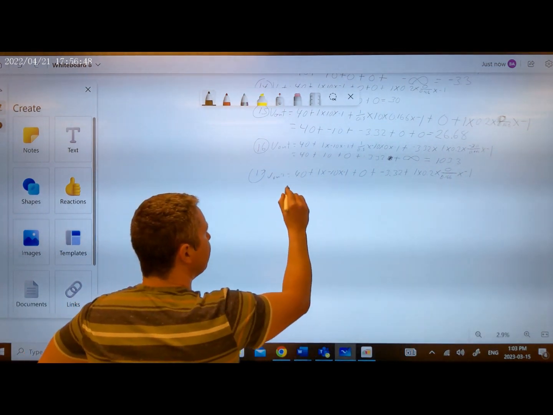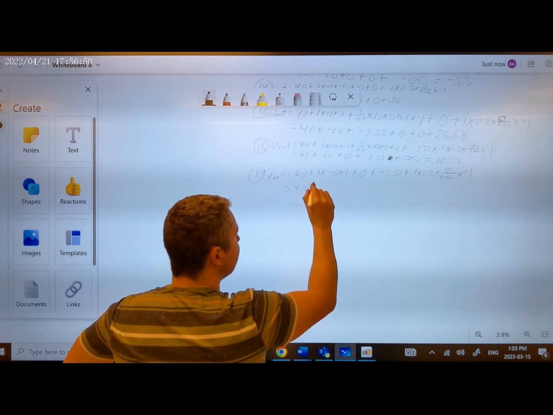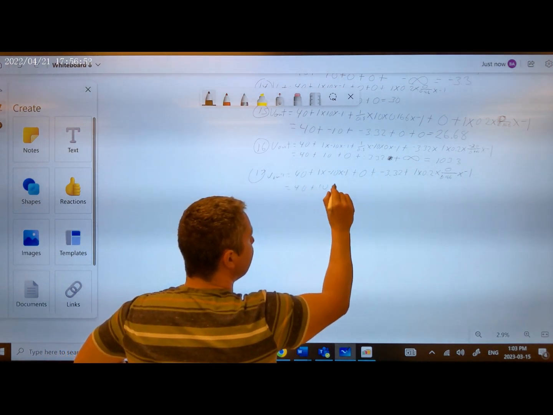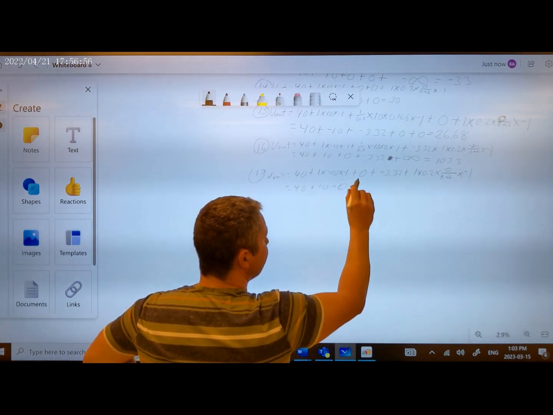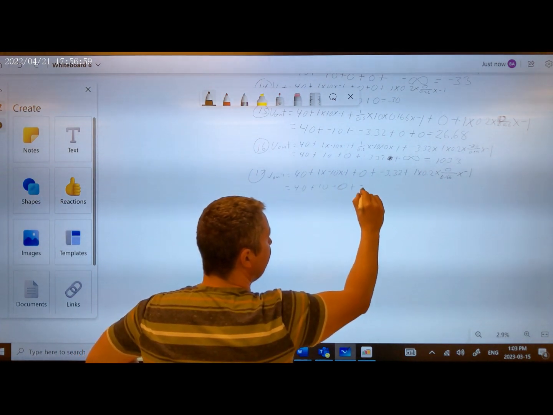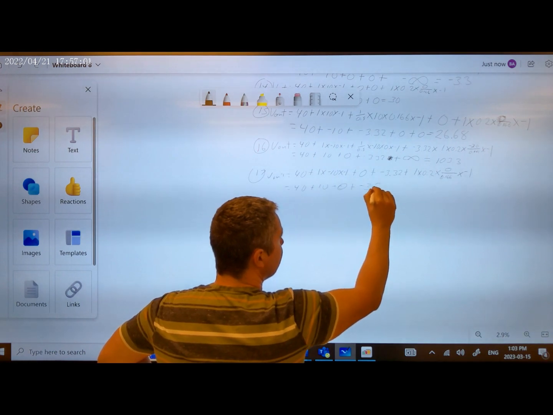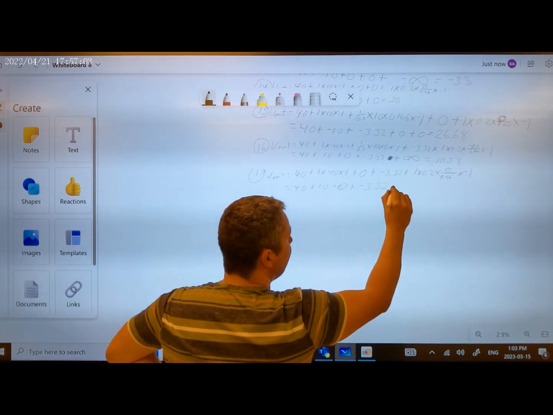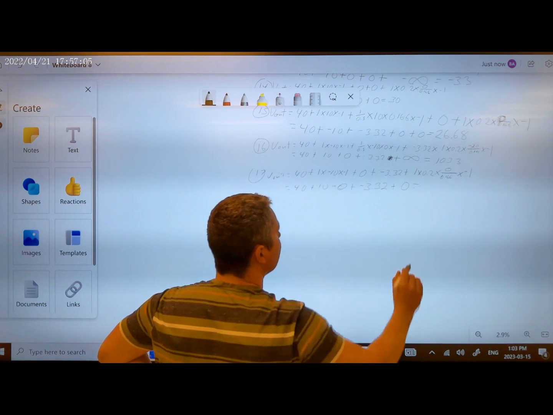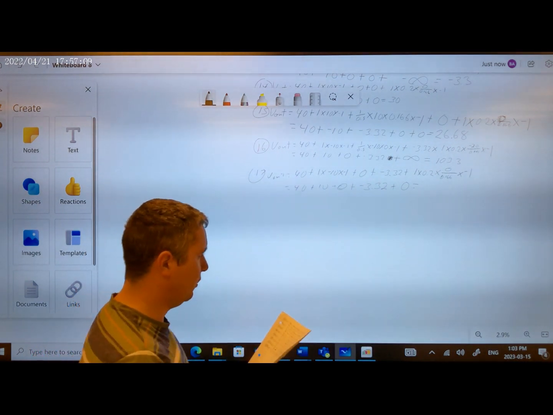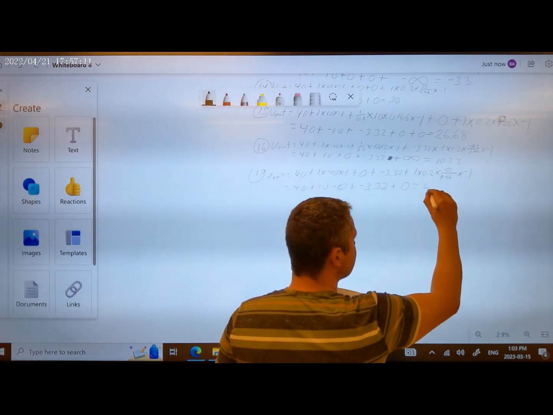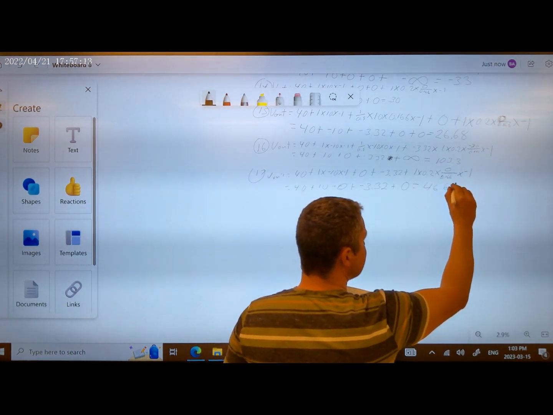So we have 40 plus 10 plus 0 of new integral plus -3 of accumulated integral plus 0, which equals 46.68.